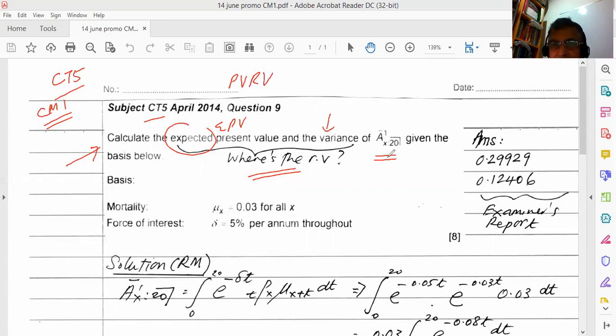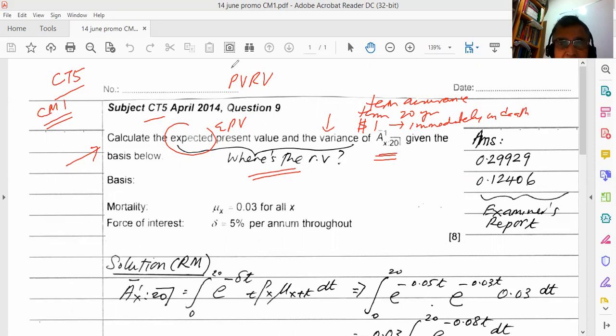In this case, it will be a term assurance product, term of 20 years, and the benefit of one, which is payable, there's a bar here, so immediately on death. They could have said this, but they left it and expected those taking the exam at that time to catch on.